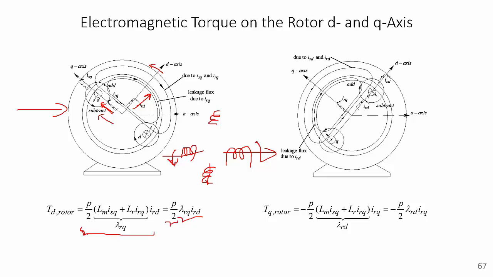So these two axes are going to produce a combined torque, and hence the factor P by 2 is introduced into the equation. And similarly, we can determine the torque in the q-axis winding because of the current in the q-axis interacting with the flux linkage in the d-axis.